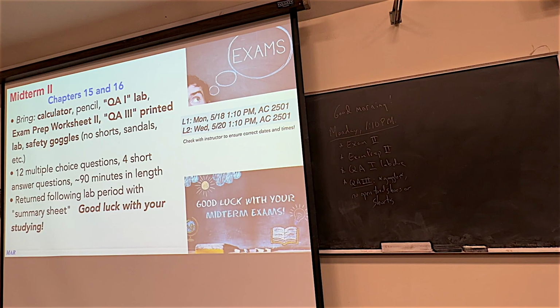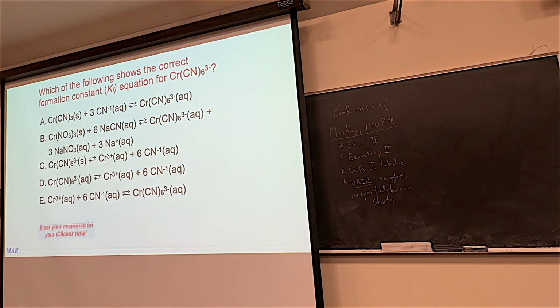All right, so without further ado, let's get right into it. Start checking out some more stuff. We looked on Wednesday at lots of solubility, KSP kind of stuff, but there was one more kind of problem from chapter 15 which was important, and that's on formation constants, all right?